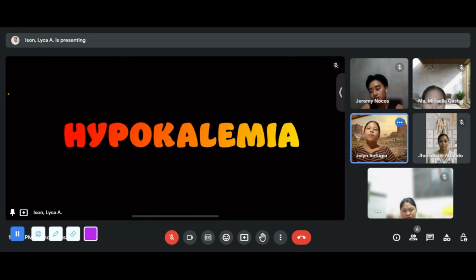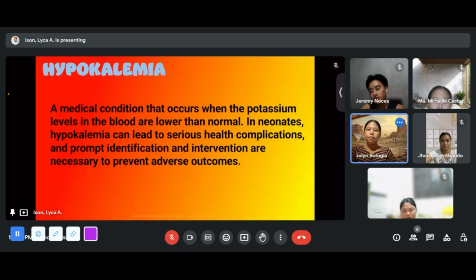Okay, so let's discuss the hypokalemia. So kabaliktaran lang nito yung hyperkalemia. Kasi kung yung hyperkalemia is yung serum potassium level ng baby is mataas sa normal, dito naman sa hypokalemia, from the word itself, hypo means low. So this is the medical condition wherein the potassium levels in the blood are lower than the normal.